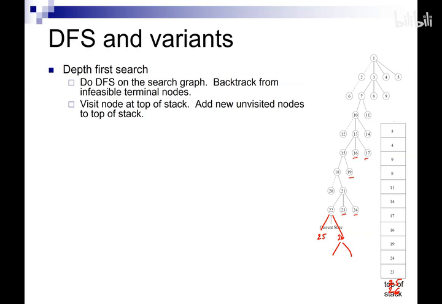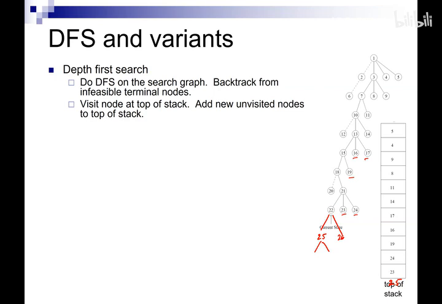If node 26 doesn't have any further neighbors, then we backtrack from 26. So we pop 26, and we explored him, but he doesn't have any neighbors. So then we backtrack to 22 and pick the top of the stack again, in this case 25. And we keep exploring from 25.